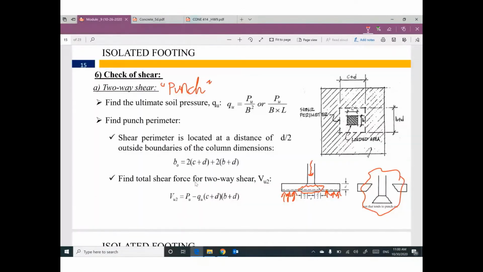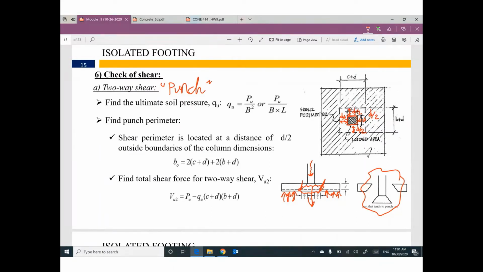According to ACI, I need to figure out what area of the footing will go down with the column. Come to the column dimension, and you have a distance here, depth of the footing divided by 2, from each side.